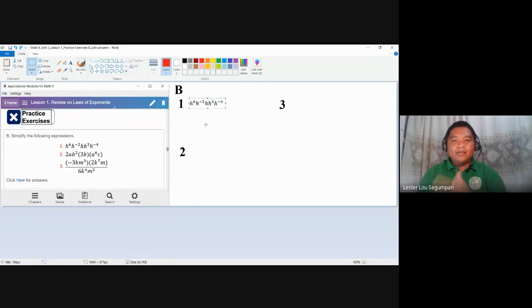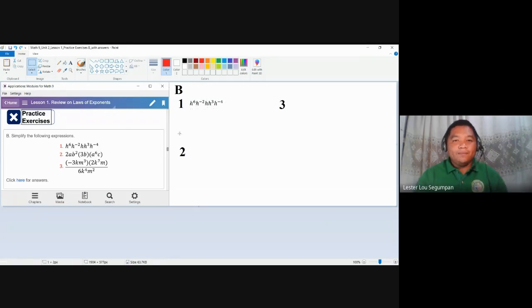So we can just simply apply the multiplication law. Notice that in our given, we already have negative exponents. And I know that if you have been reading in advance, part of our module also talked about how we deal with expressions with negative exponents. But before we go to that, you can just simply apply the multiplication law here.